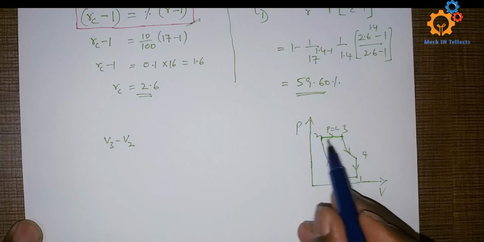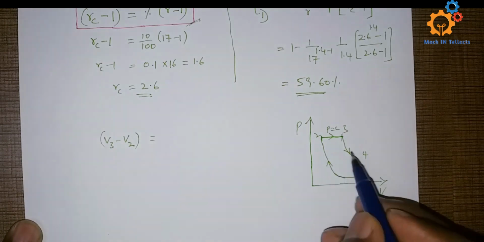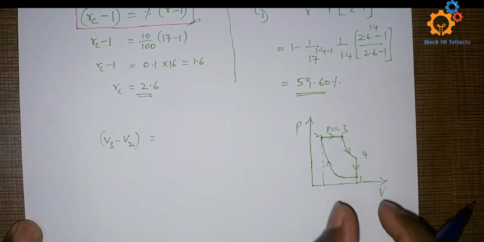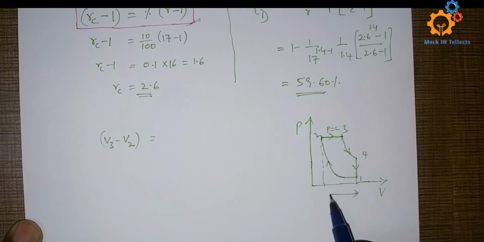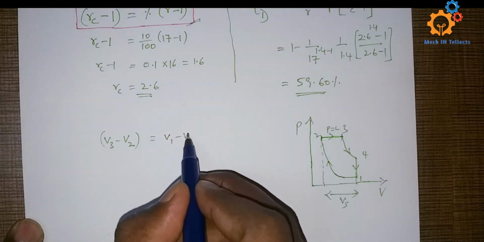Okay, so this cutoff is taking place at 10% of total stroke. This is the stroke volume or swept volume. So it is taking place at 10% of this stroke volume. What is this swept volume? V1 minus V2, right?